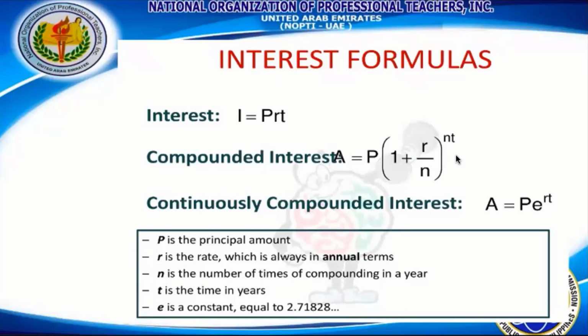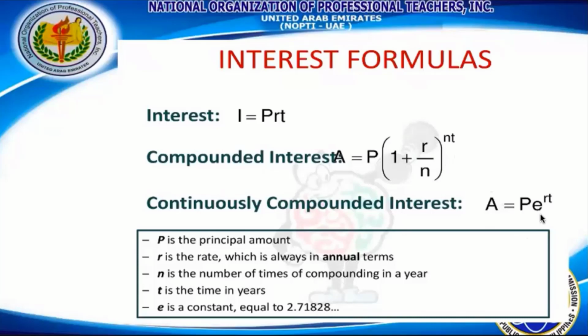That's the number of times and the number of years. Compounded continuously, ito, constant e, that is equal to 2.71828 raised to the rate times the time in years.